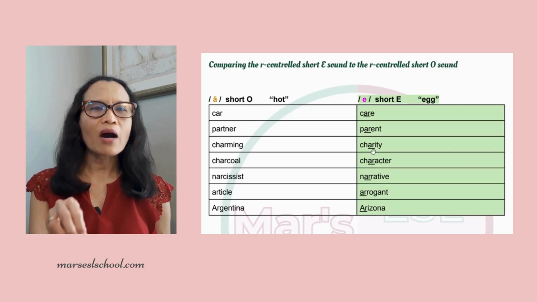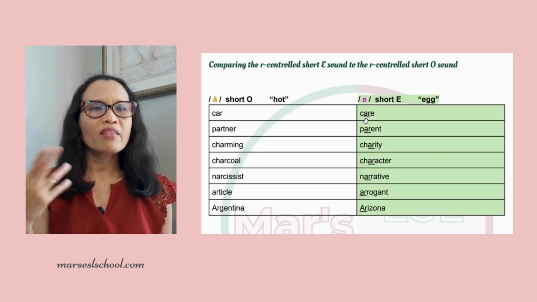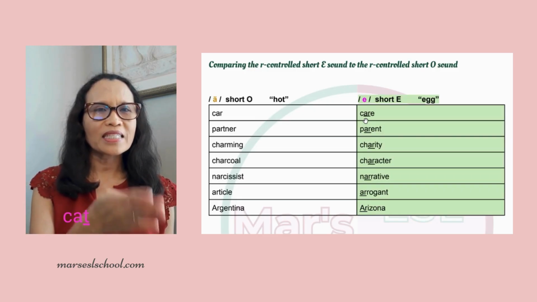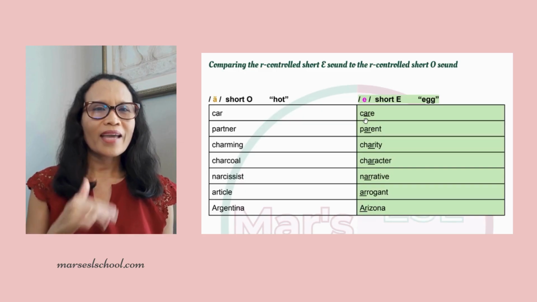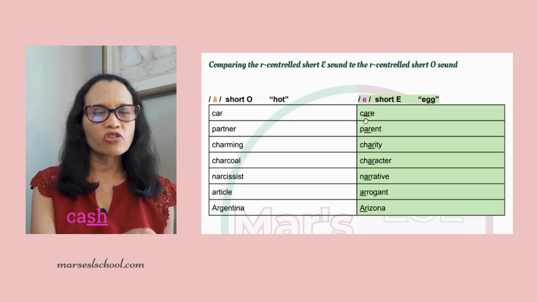When we think about the letter A, most likely it will have a short A sound. For example, in the word cat, C-A-T, the letter A is followed by a T. In the word cash, C-A-S-H, the letter A is followed by an S-H sound.